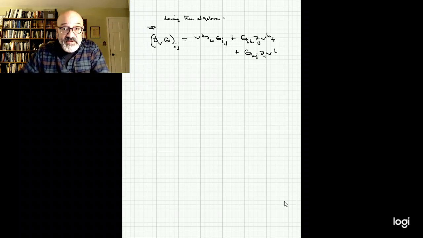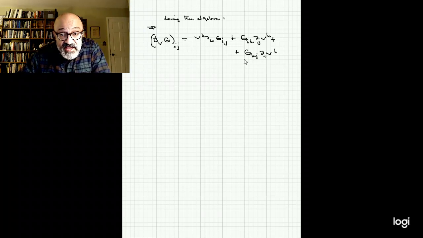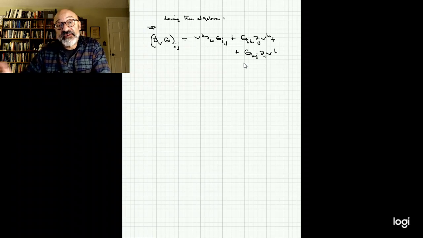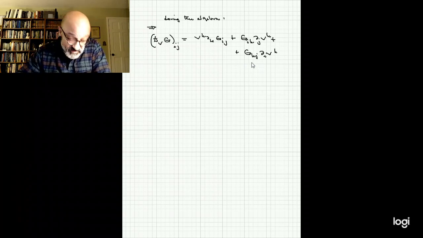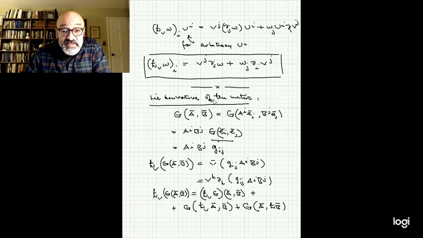So we do the algebra, and of course the A and B have disappeared here just because being arbitrary, we can just pull them out. Very good. So that's what the derivative of the metric tensor is going to look like.